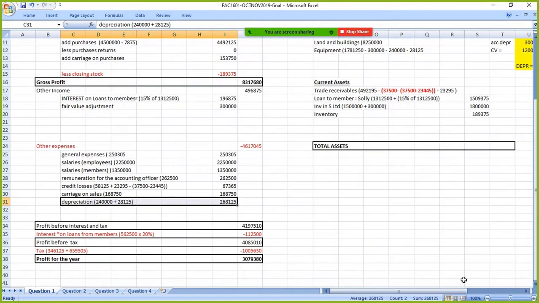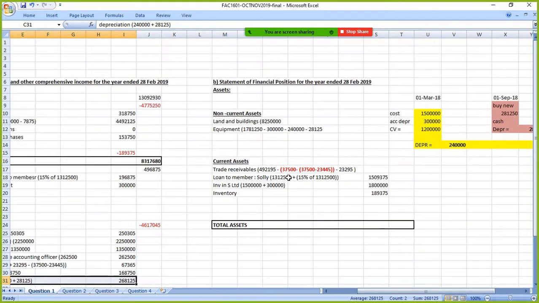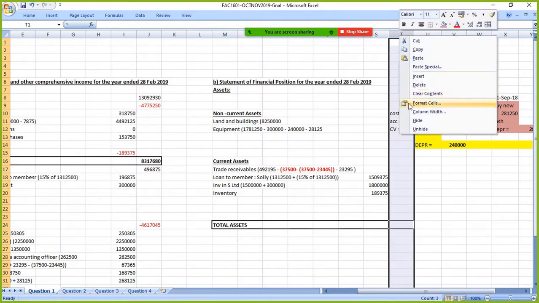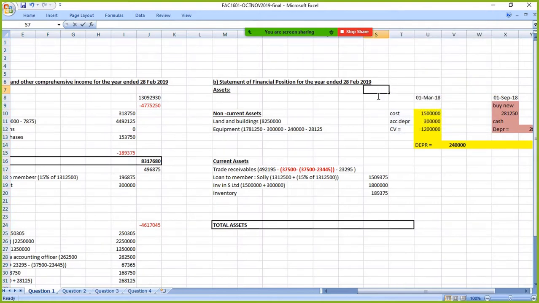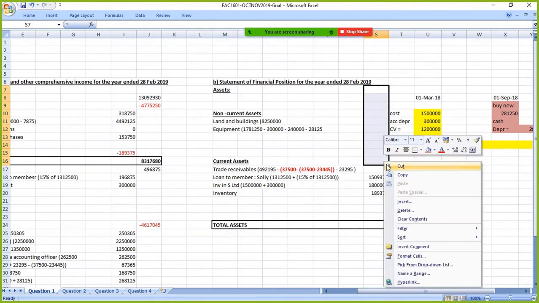We'll look at the mark allocation just now, and then I'll give you an estimate of what you had got for this exam. This needs to go across. That's very good. So see, your basics are very good.